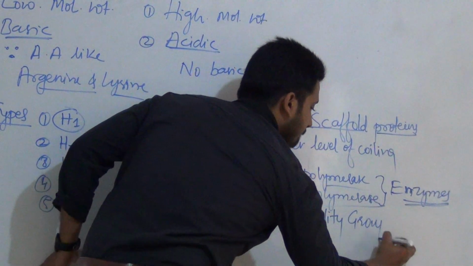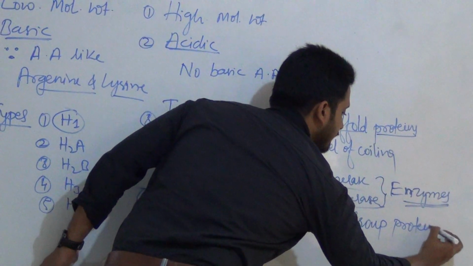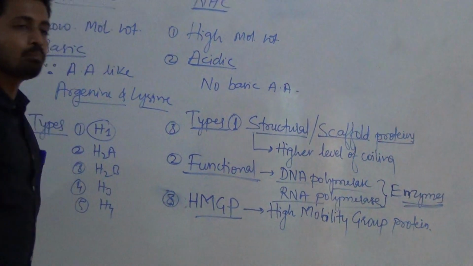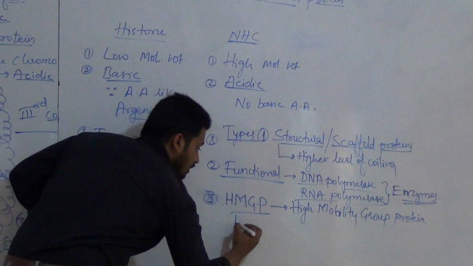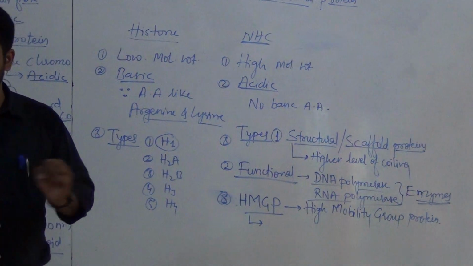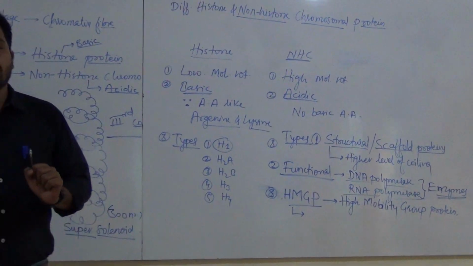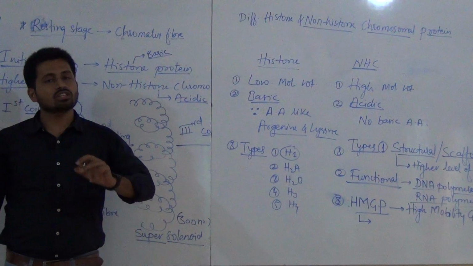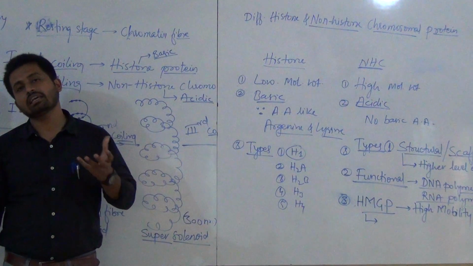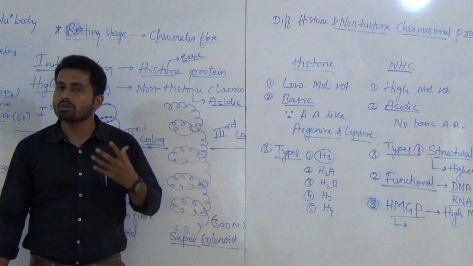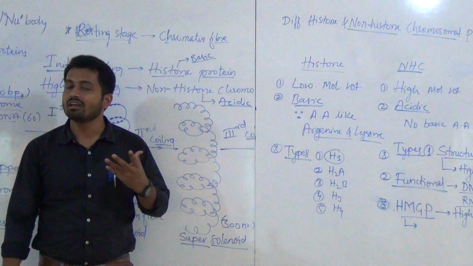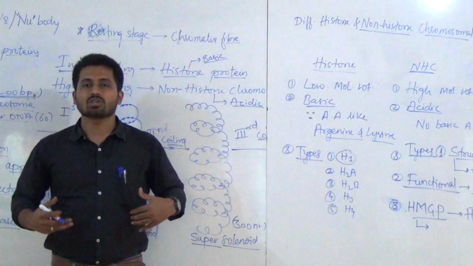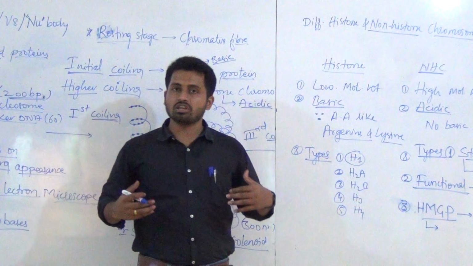High mobility group protein. What is its function? Very important. Remember, DNA is our genetic material. How do we call it genetic material? We appear like our parents or siblings. What is the reason? Our body is totally made up of proteins, and the formation of protein we call transcription and translation.